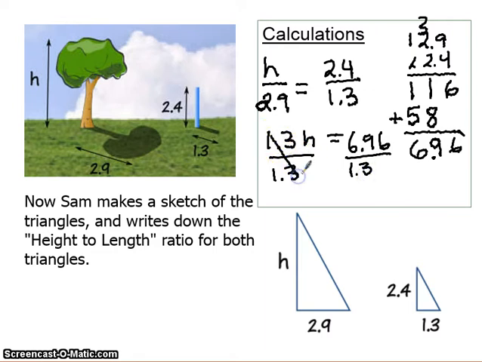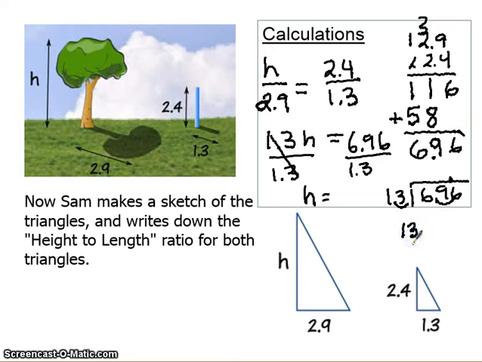1.3 divided by 1.3 is 1, so we have h equals, and we'll have to do some calculating off to the side here, 6.96 divided by 1.3. We must move this decimal. That puts the decimal here. 13 times what is 69?